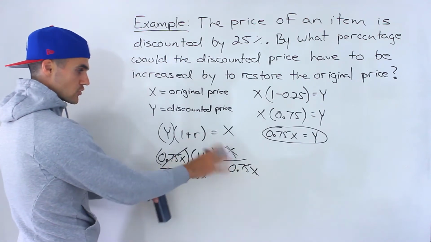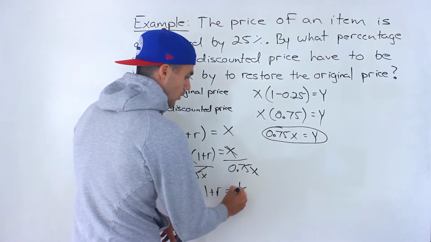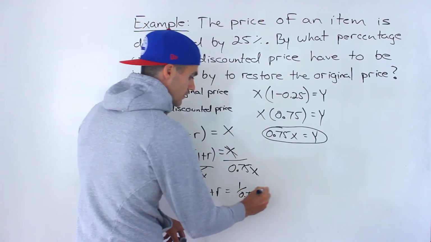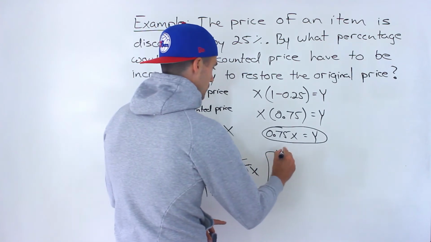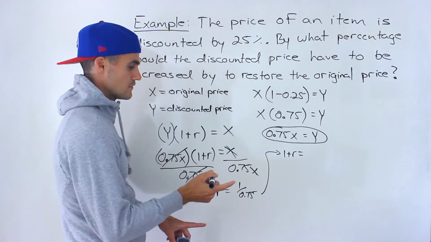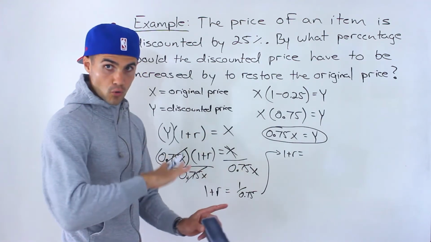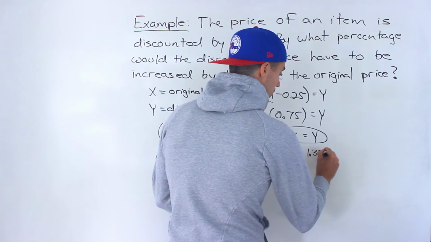And so after all this, what we would end up with is 1 plus r is equal to 1 over 0.75. 1 divided by 0.75 is 4 over 3 in fractions, or let's work with decimals, 1.3333.